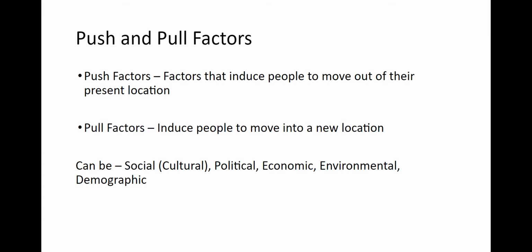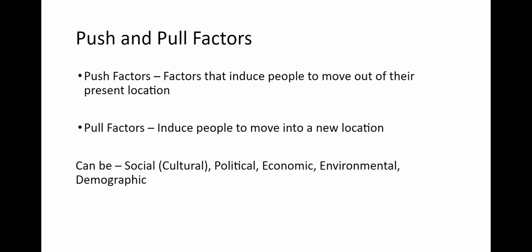So both of these can be a variety of reasons, but I like to stick with our SPEED acronym. So they can be social, political, economic, environmental, or demographic, which is to say there can be cultural reasons to move to a new place. Maybe there's some sort of common language or common religion or common ethnicity or some sort of cultural pull to a new place.